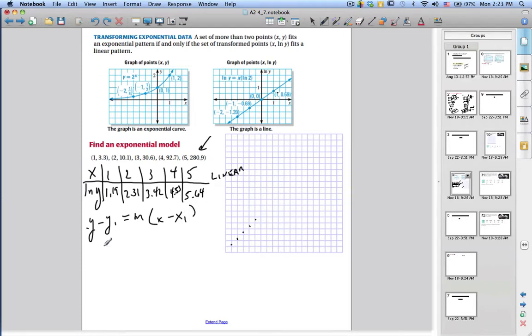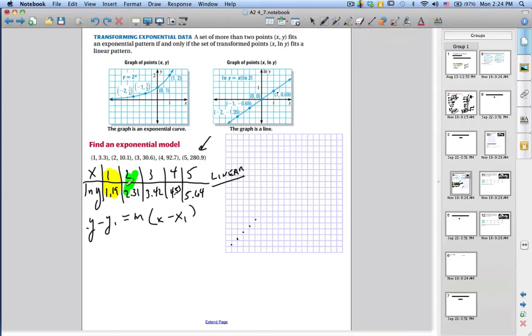And I'm going to write the equation of the second function, the linear function. So I need to pick 2 points and find the slope. I'm going to take this point and make it my first point, and I'm going to take this point and make it my second point.